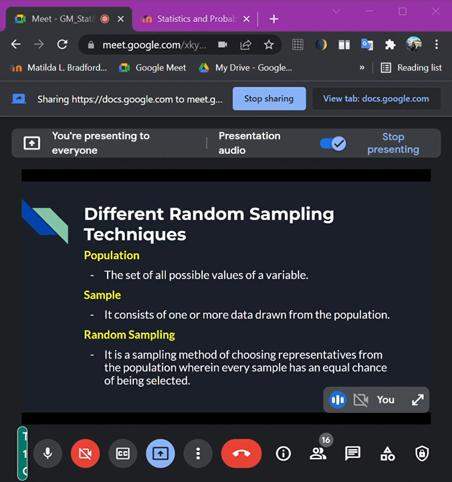So class, in research, collecting data can either be done in the entire population or the subset of the population, which we call our sample. If a researcher opts to use a sample rather than a population, he must take considerations on the number of samples and how these samples can be chosen out of his target population.